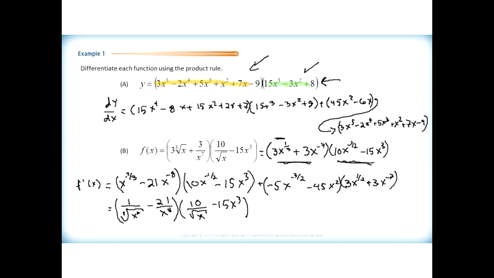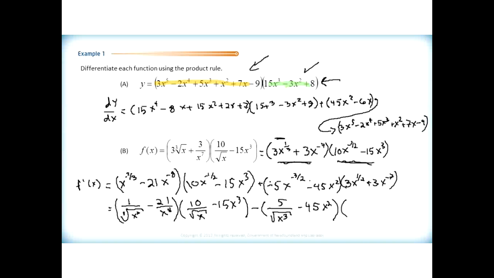And then for the next term, I'm going to factor out both of those negatives. So I'm going to make this subtract, and then inside here I'll have positive terms. So we have 5 over the square root of x cubed, and then subtract 45x squared.